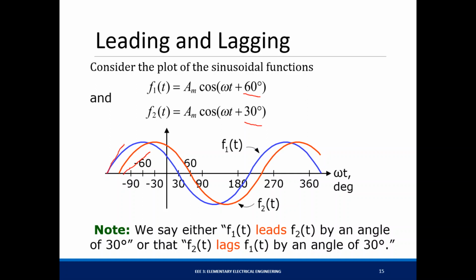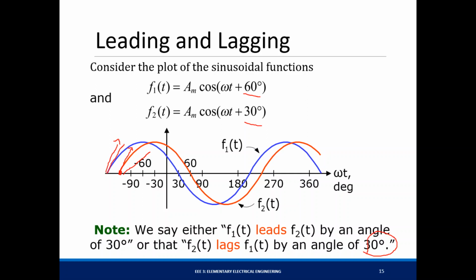Because when F1 rises, your second sinusoid is not yet at that point. It rises at a later time, or it has a delay in its rising point. That's why the first sinusoid leads the second sinusoid. Or we can say that the second sinusoid, F2 of t, lags F1 of t by an angle of 30 degrees.